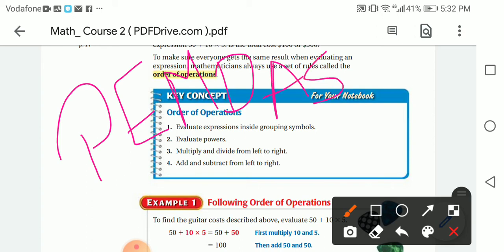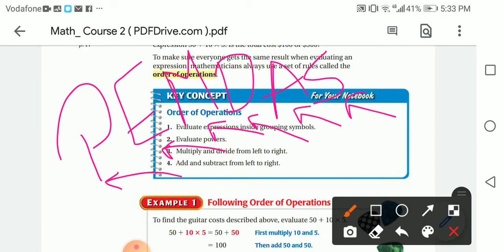It's very easy. P for parentheses, E for exponent, M for multiplication, D for division, A for addition, S for subtraction. So, again, write this down in your notebook.